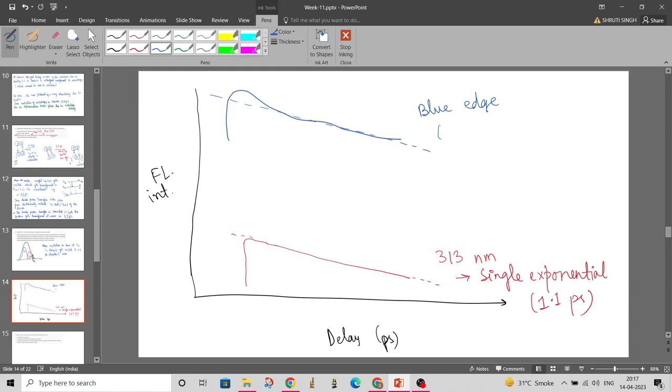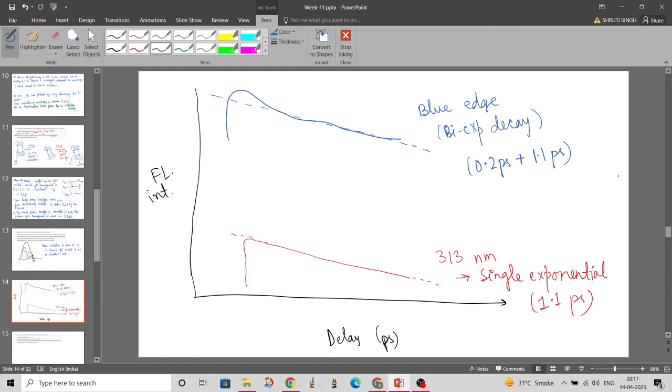So there is S2 to S1 conversion, and this one is bi-exponential. So it has a 0.2 picosecond component and the 1.1 picosecond component for the proton transfer.